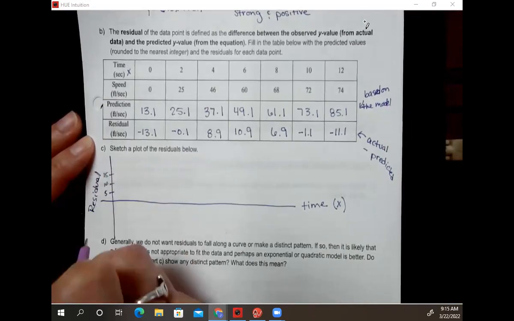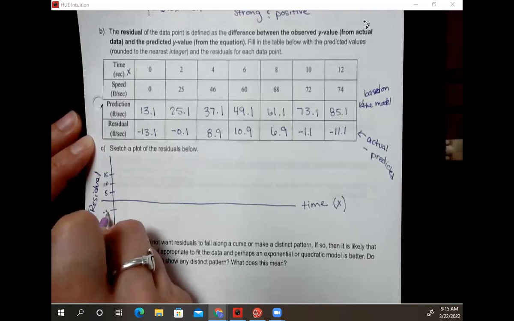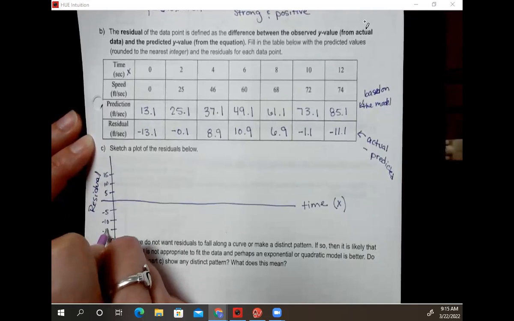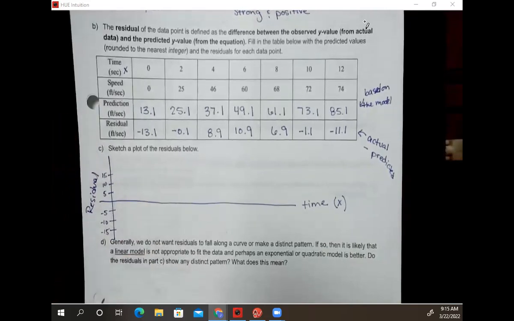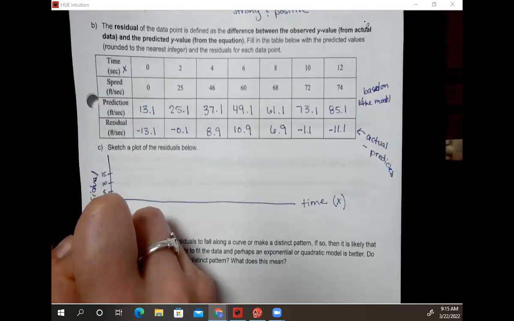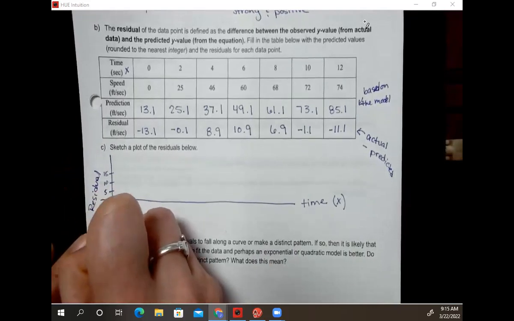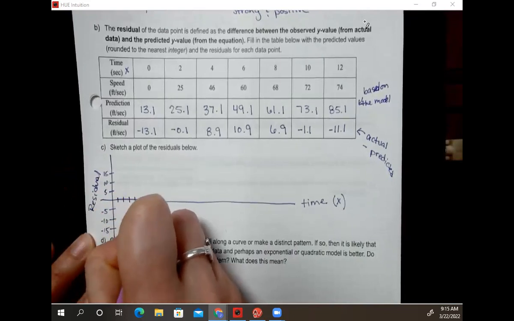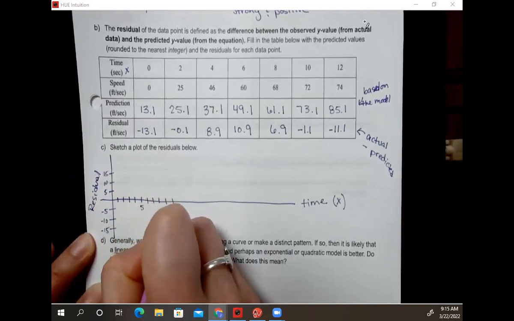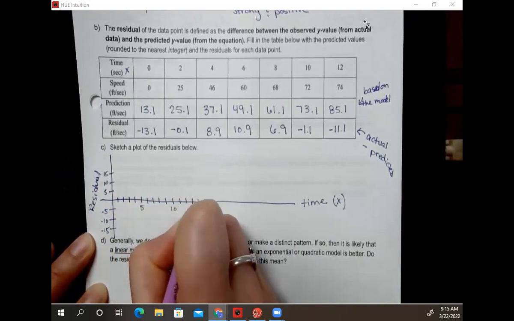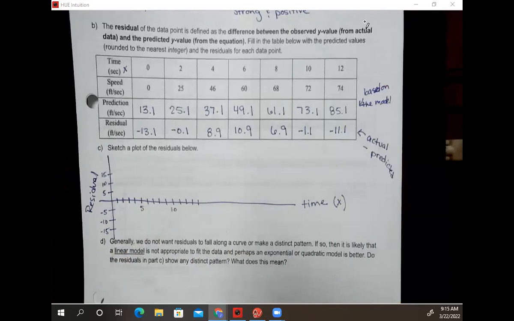I'm just trying to pick something that fits decently in the space I have here on my paper. And then I will do my x values by 1s. And we only go to 12, so that's far enough.